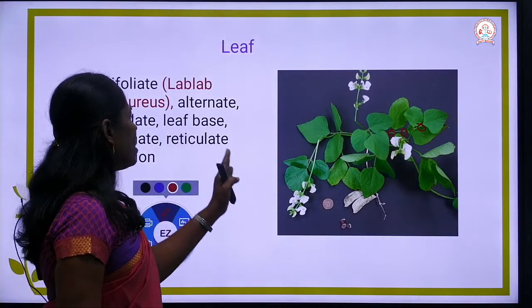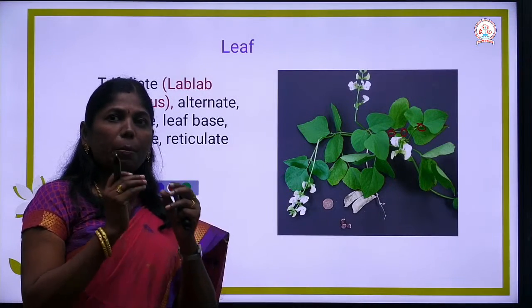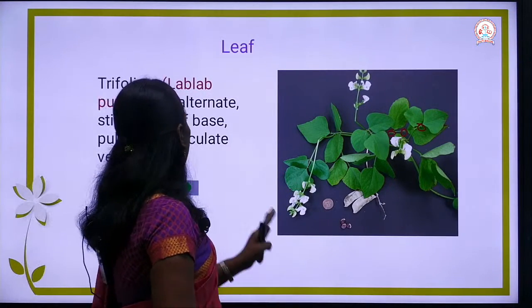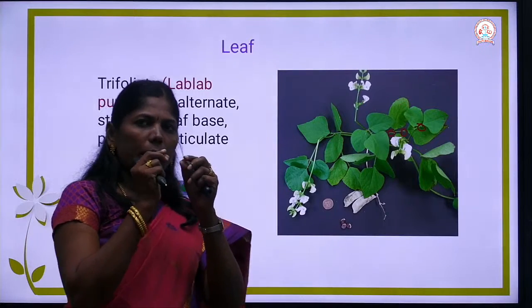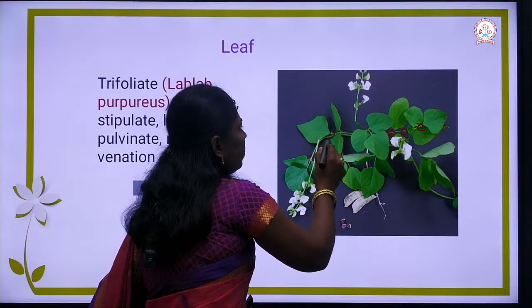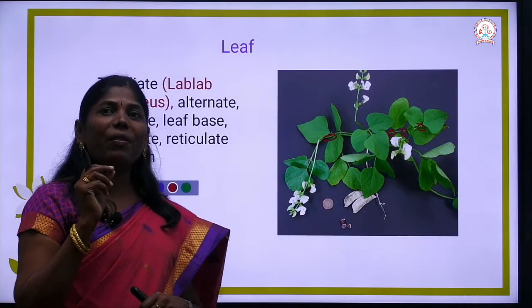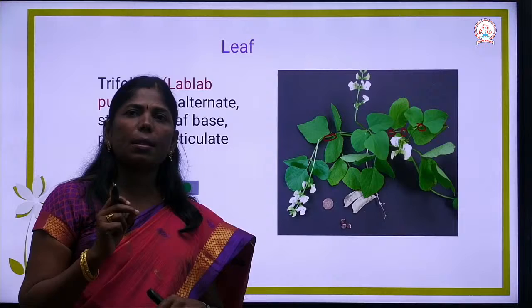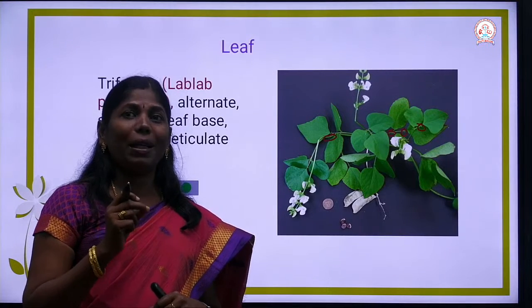And the leaf base is pulvinate. The leaf base is bulged. இதனுடைய leaf base பாத்தீங்கனா கொஞ்சம் வீங்கி போன மாதிரி இருக்கும். So that is your pulvinate leaf. These are the main characters of the dicotyledonous family, especially Fabaceae.